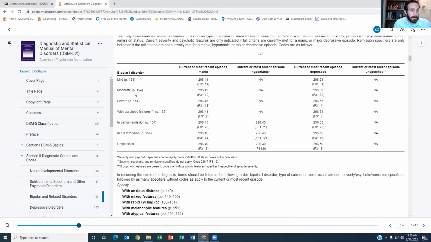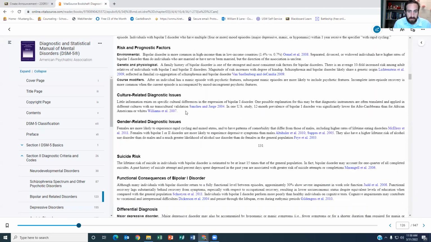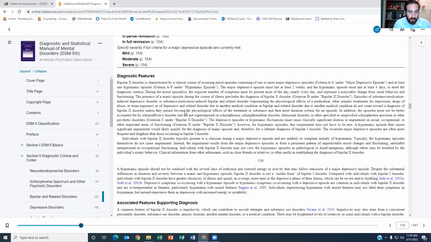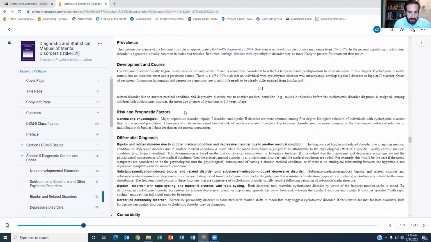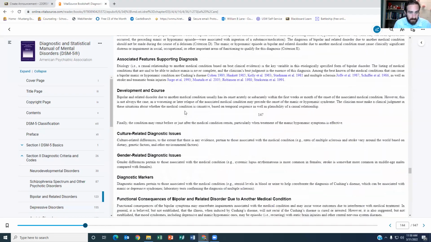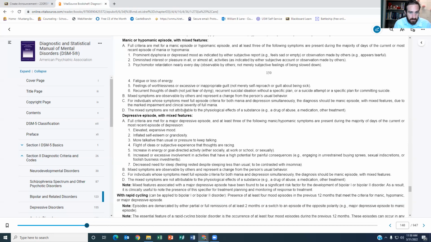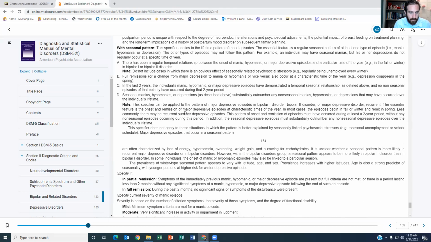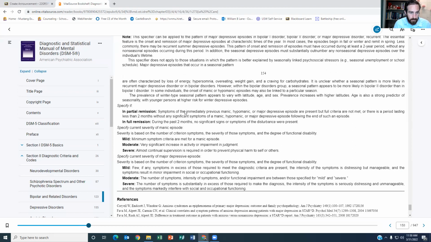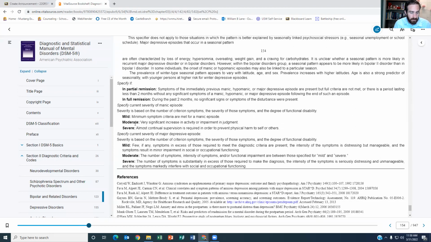So we'll go to page 154, since that's what mild, moderate, and severe reference us to. So here you'll see mild, moderate, and severe. So mild is defined as minimum symptoms criteria are met for a manic episode.